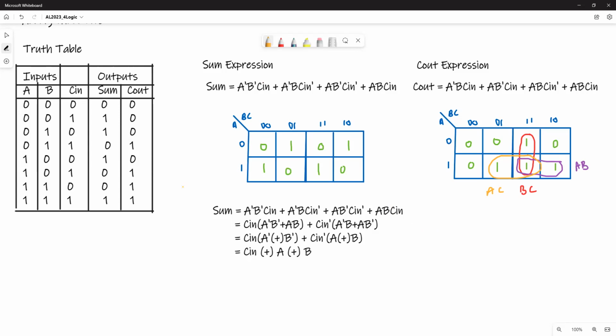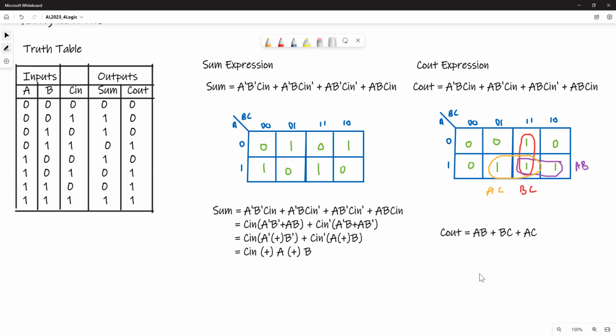Can you draw the circuit now? Yes, draw the circuit. So we can say the C out equals AB plus BC plus AC.